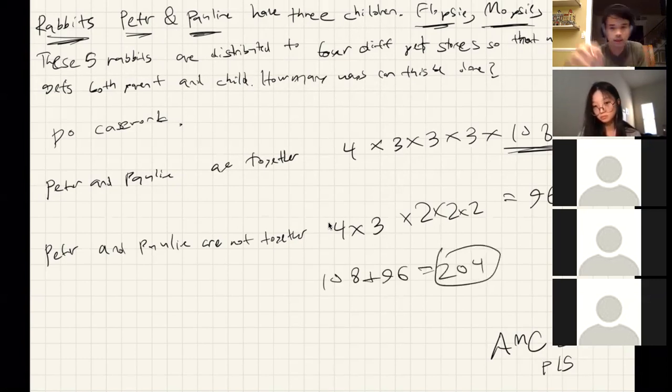So here, what we did, right, was we split it into cases. And once we split it into cases, the problem just became 2 very simple constructive counting problems. So a lot of times, this is a common theme with AMC 10 level problems.